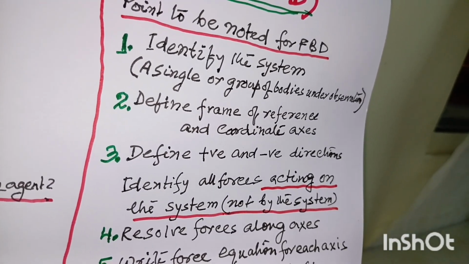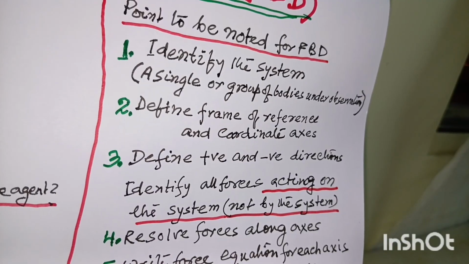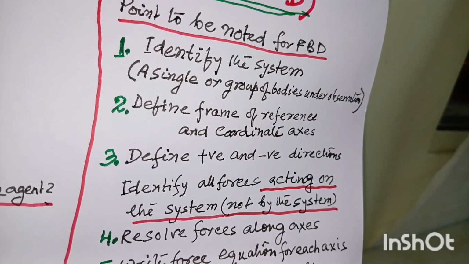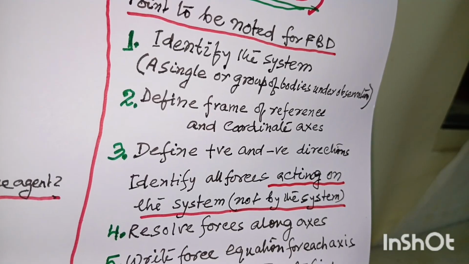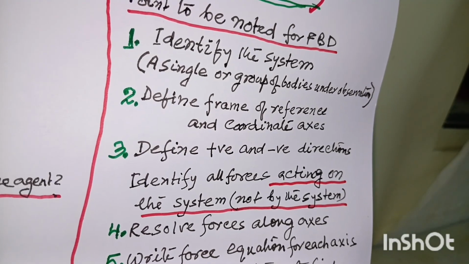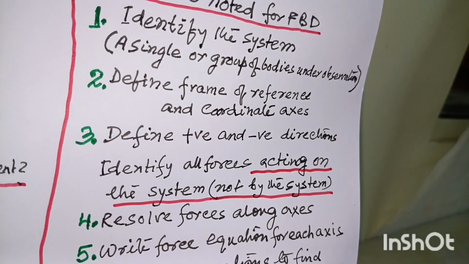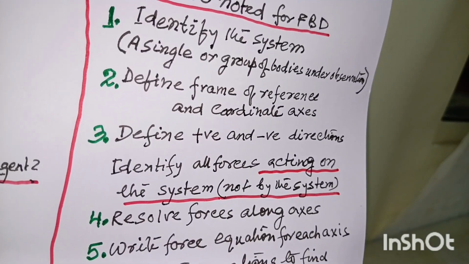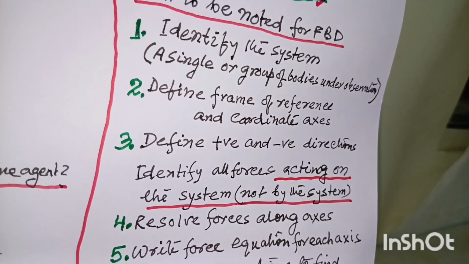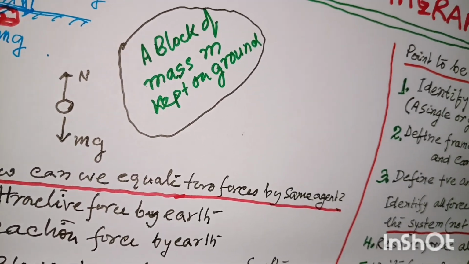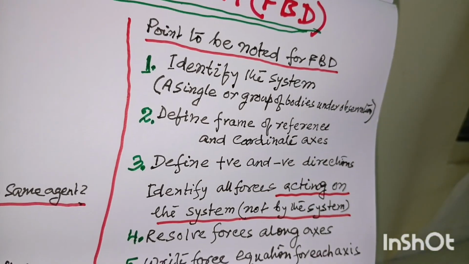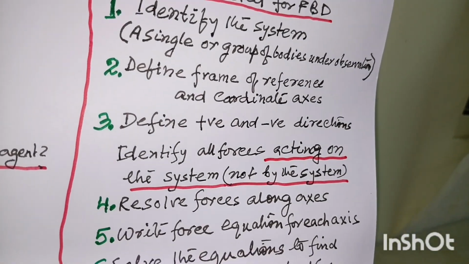So we have to be very clear about this, and we have to select the directions of the x-axis, y-axis or z-axis. Then define which side is positive and which is negative. For example, here we have taken upward as positive and downward as negative. So we have to be clear about this.